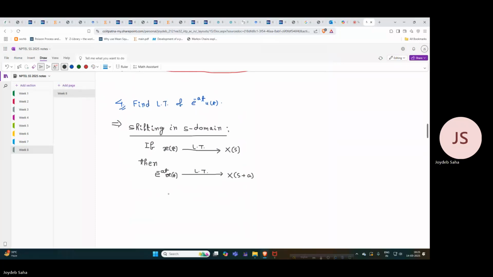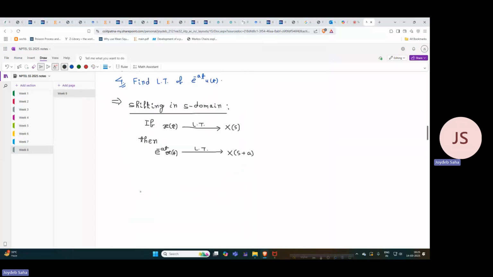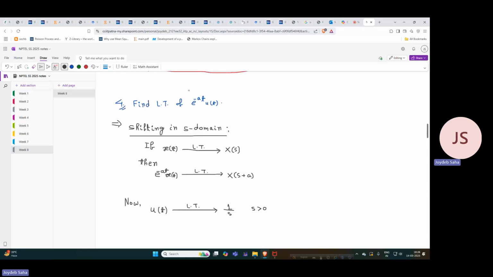Okay. So now if we write that u(t) is the unit step function, its Laplace transform will be 1 upon s for s greater than 0, right? So we have to find this.